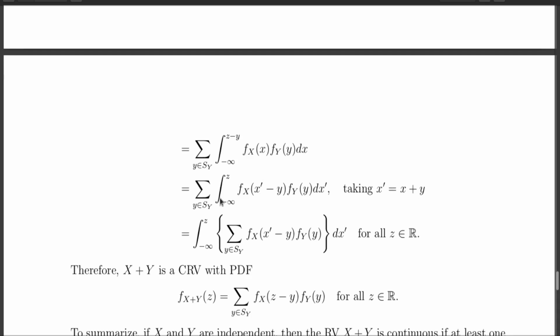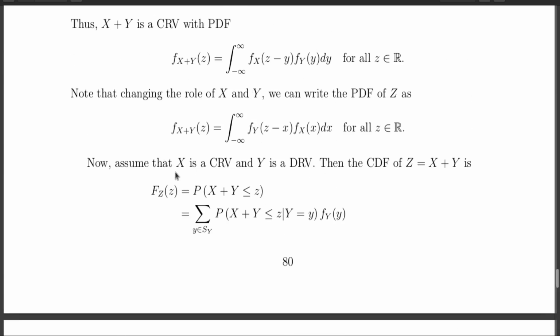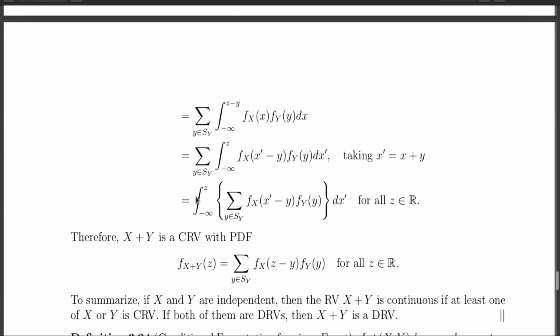Now I take the integration outside, summation inside. Again, that is possible because all the functions are non-negative here. And again, we see that the cumulative distribution function of Z can be written in this form, and that means Z again is a continuous random variable having the probability density function given by this expression.